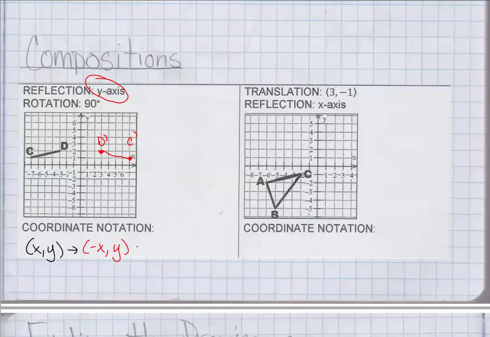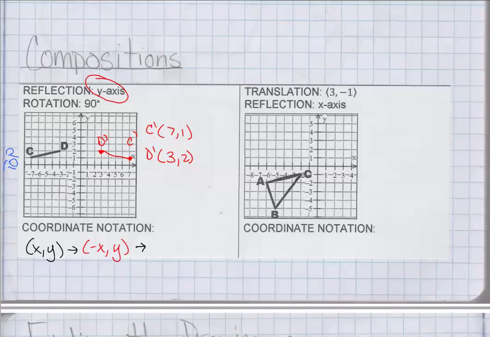Now we need to do the 90-degree rotation. So our original points for C prime is at 7, 1, and D prime is at 3, 2. If you want to do a 90-degree rotation, you can make this the top, and look at it from that direction.